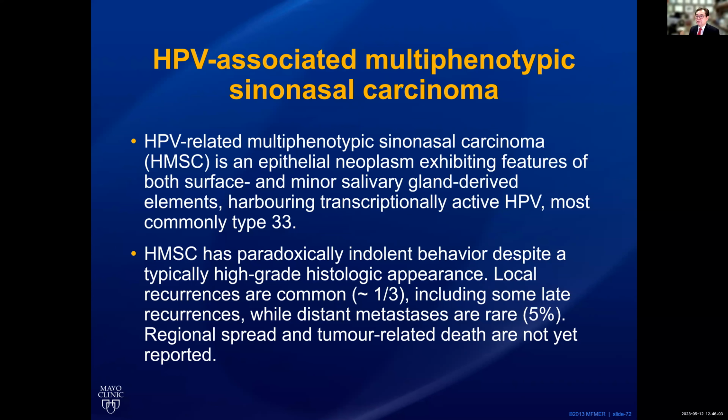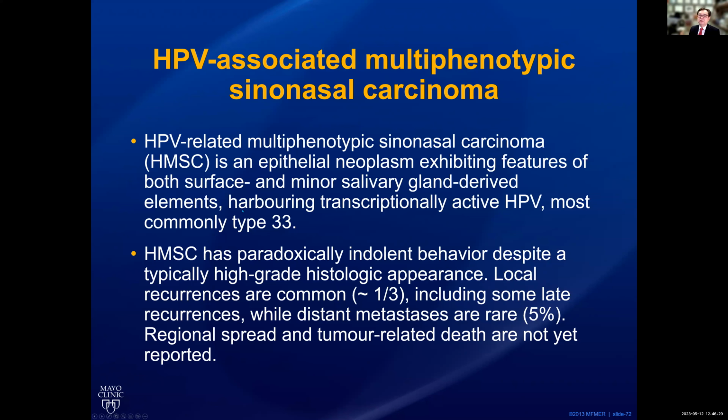So the next entity is HPV-associated multiphenotypic sinonasal carcinoma. And in the past, our understanding of this lesion took time. The earlier one we called adenoid cystic carcinoma, because it looked like adenoid cystic carcinoma. But now we know it's HPV induced, particularly type 33.